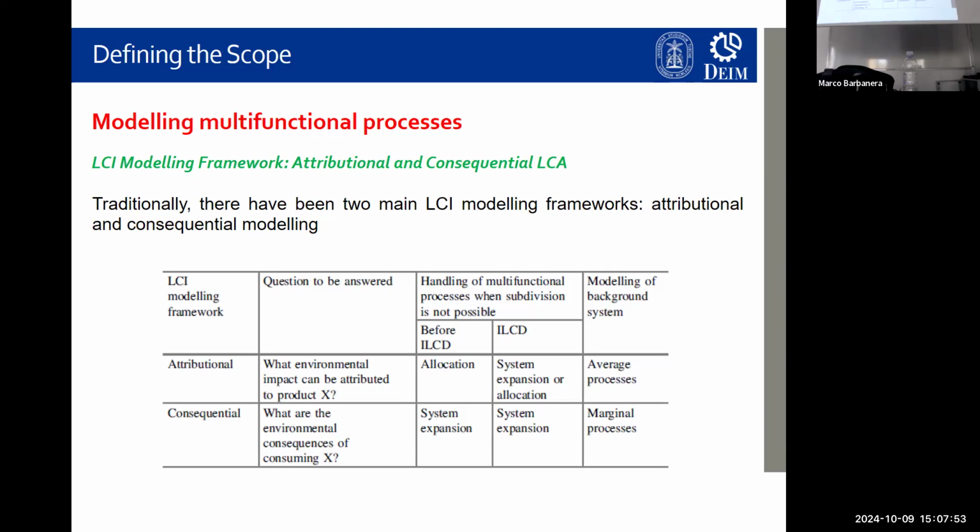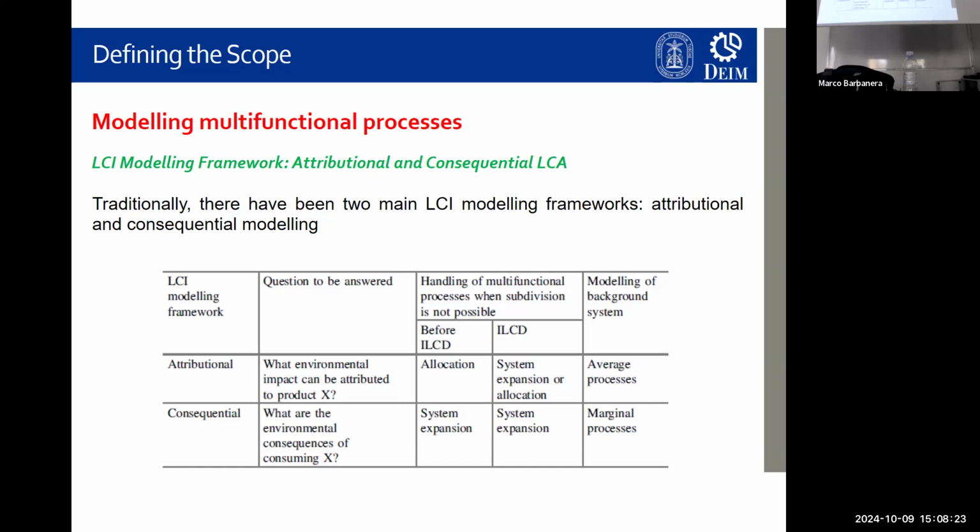On the other hand, when we have a consequential LCIA study, we typically use the system expansion approach to model the multifunctional processes. At the end, the third difference between attributional and consequential LCIA studies is reported in the last column of the table.